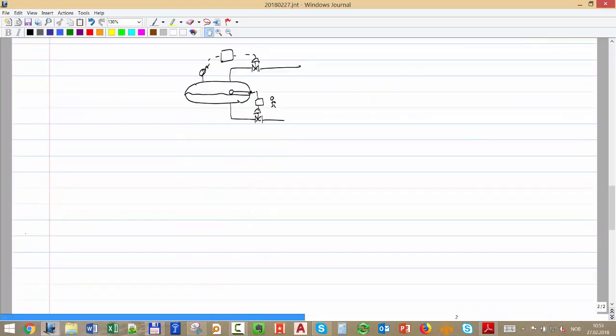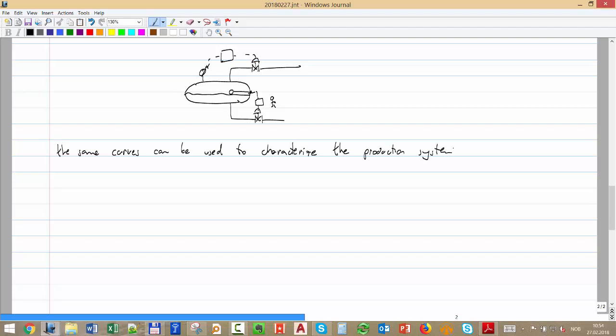So let's go again to our system. The same principle, the same curves can be used to characterize parts of the production system.